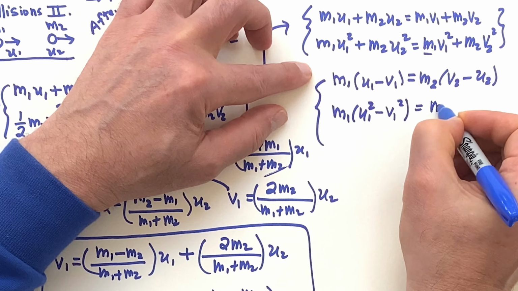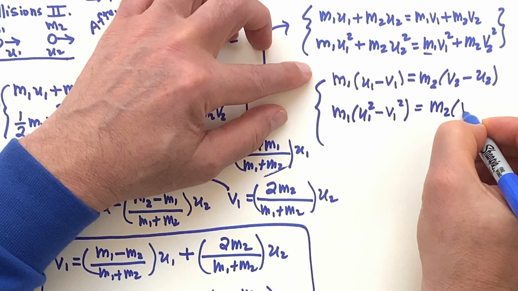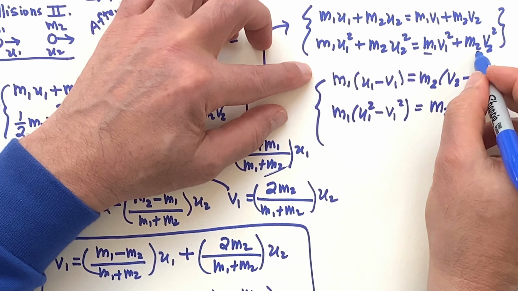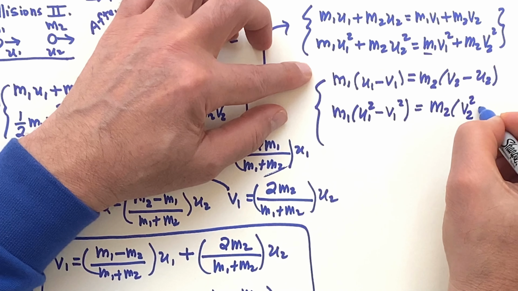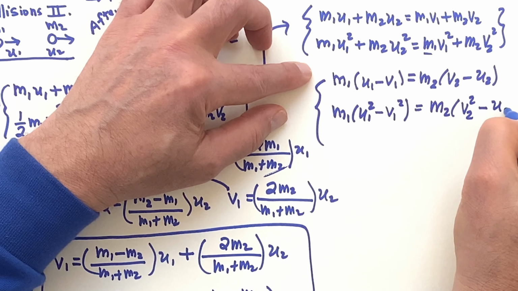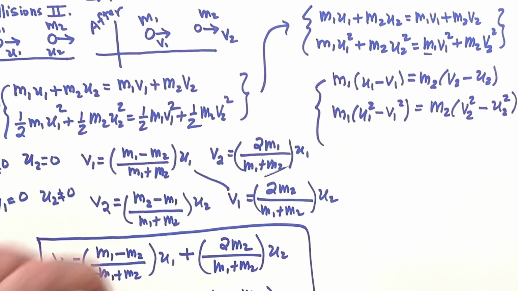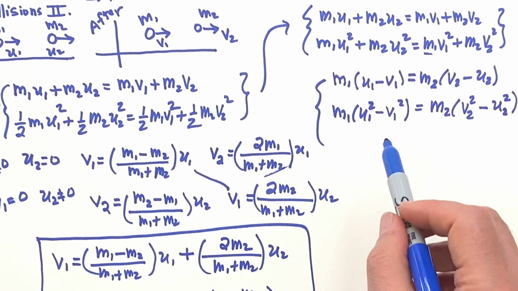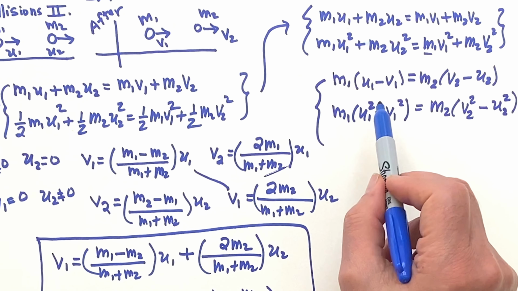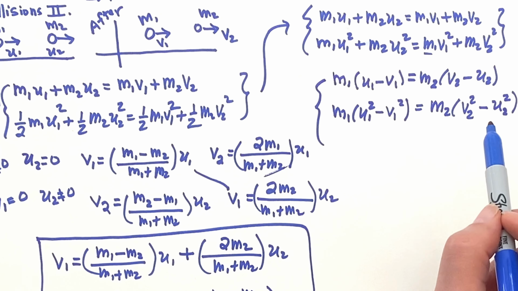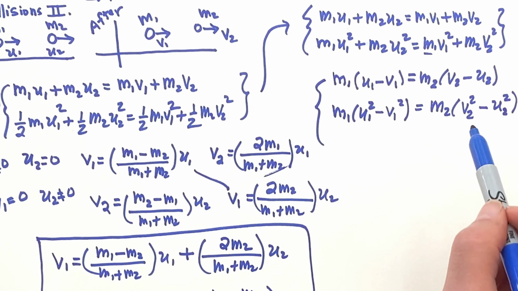And then over here I would have M2 V2 squared, that's this one, and then subtract the U2 squared. So in other words, we have information for the first mass on the left and information for the second mass on the right.